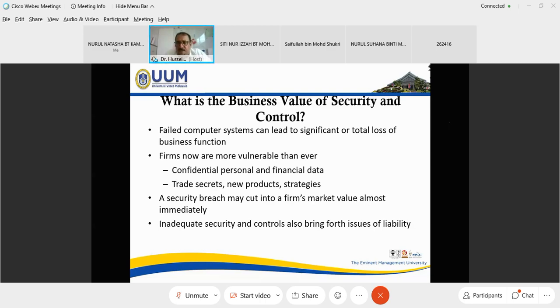What is the value of security and control? The value is that it can prevent loss. Firms now are more vulnerable than ever. Why?